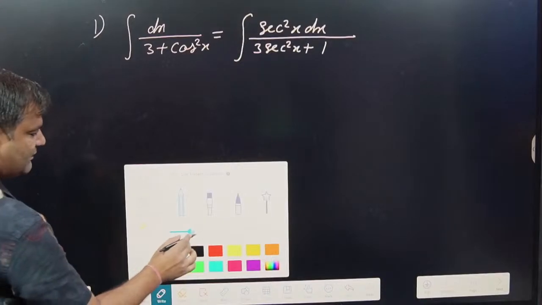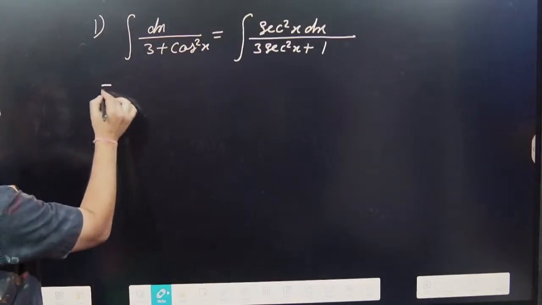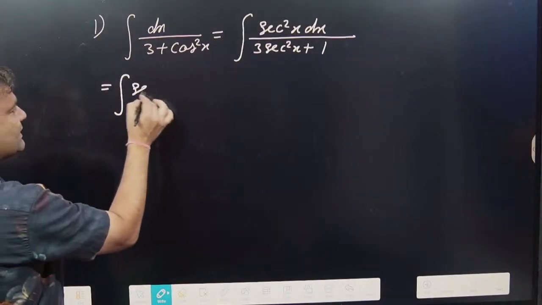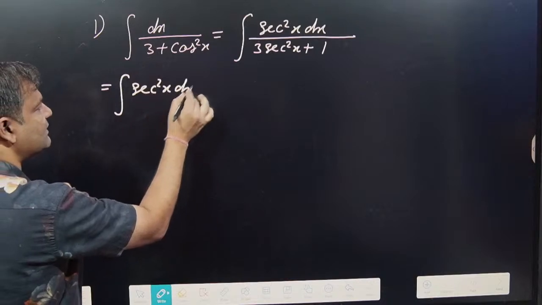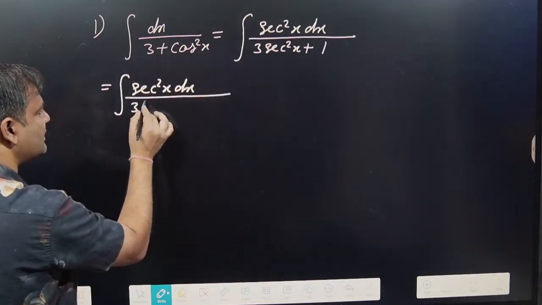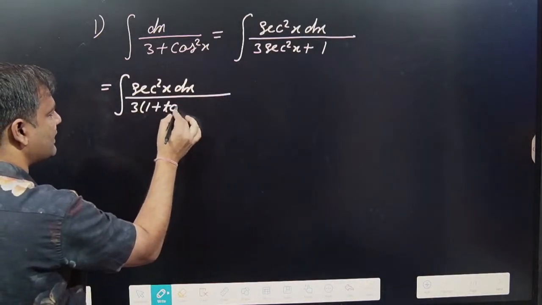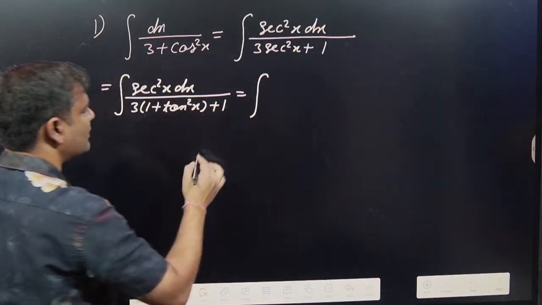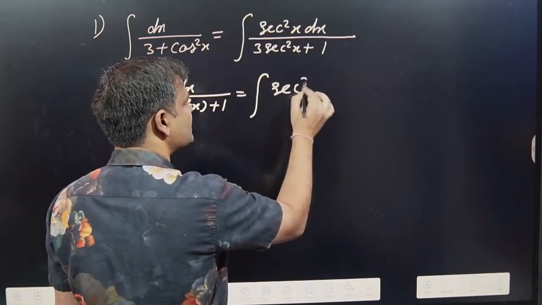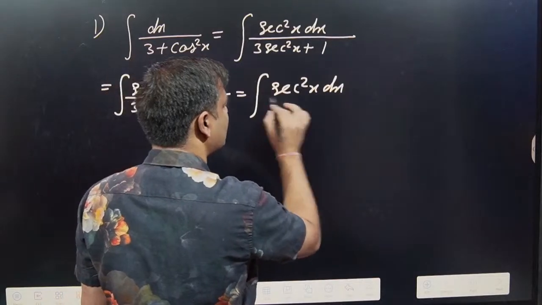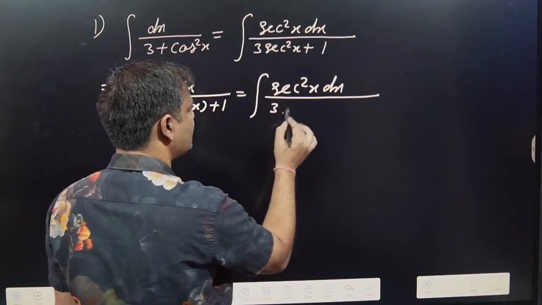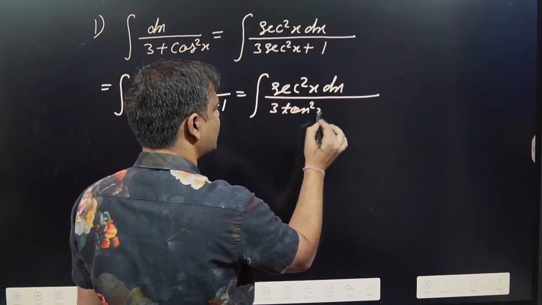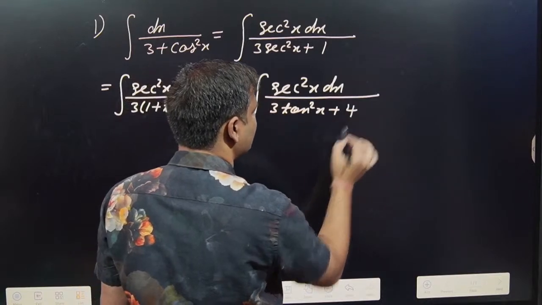After that, look here very carefully: sec square x dx divided by 3 into 1 plus tan square x plus 1. So we get sec square x dx divided by 3 tan square x plus 3 plus 1, that is 4.